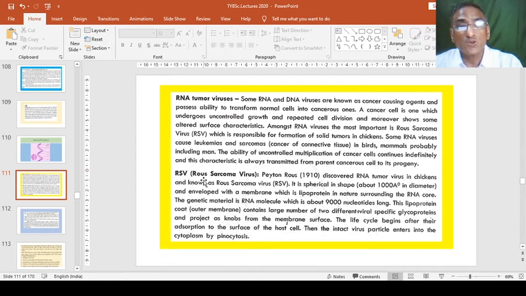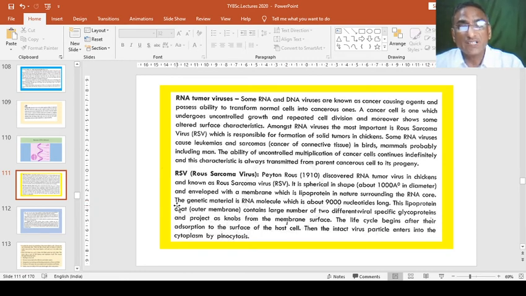RSV, Rous sarcoma virus. Peyton Rous in 1910 discovered RNA tumor virus in chickens, known as Rous sarcoma virus RSV. It is spherical in shape, about 1000 angstrom in diameter, and enveloped with a membrane which is lipoprotein in nature surrounding the RNA core.